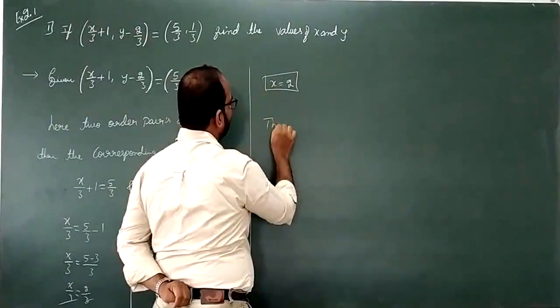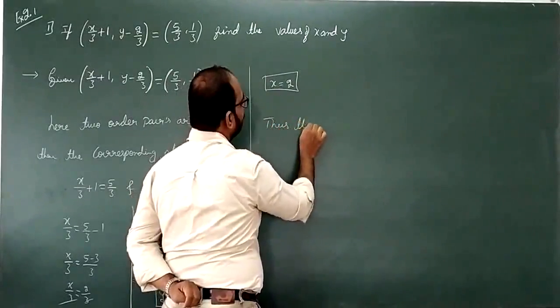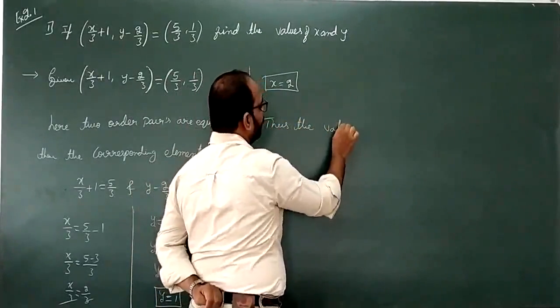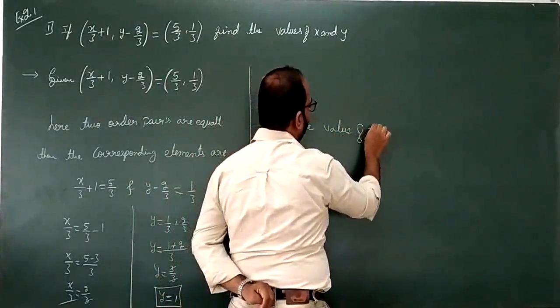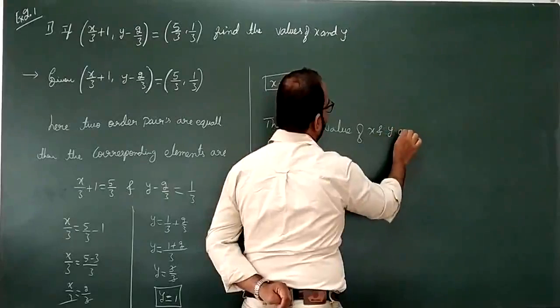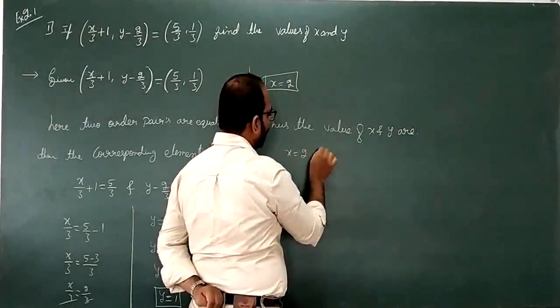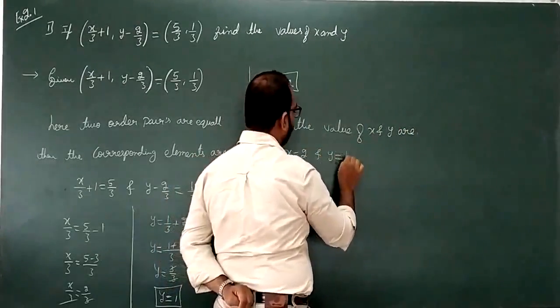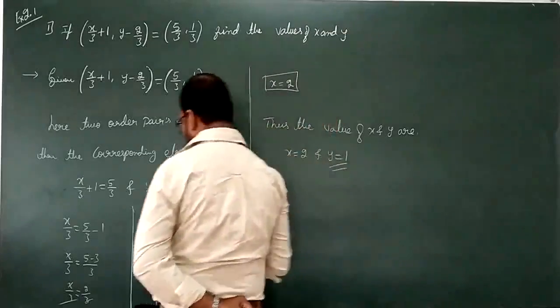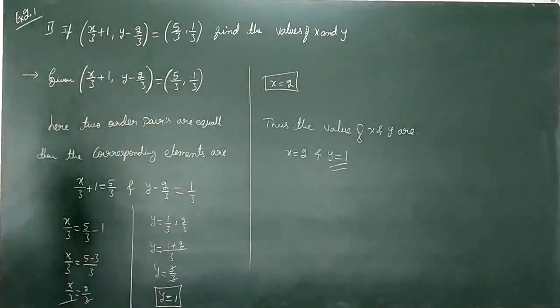Thus the values of x and y are x is equal to 2 and y is equal to 1. This is the required solution. Okay, write down.